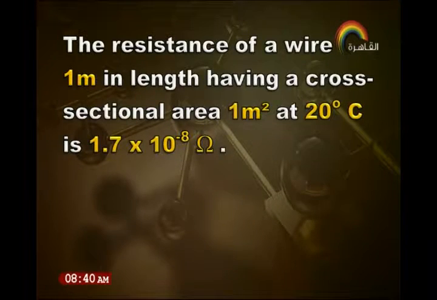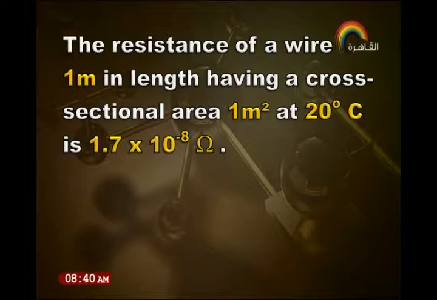The resistance of a wire, 1 meter in length, having a cross-sectional area of 1 meter squared at 20 Celsius is 1.7 times 10 to the power of -8 ohm. What do you understand from this?